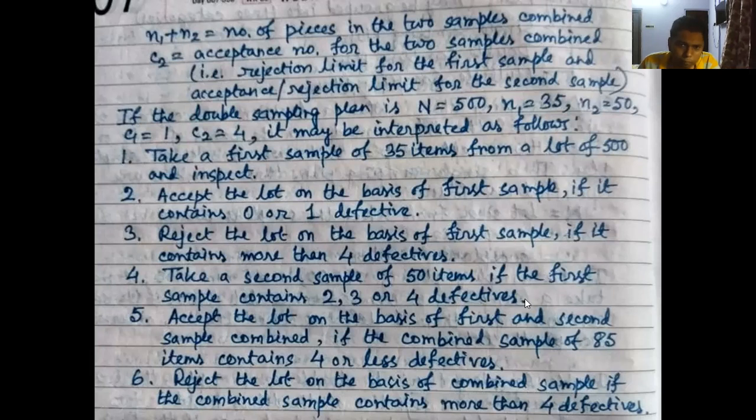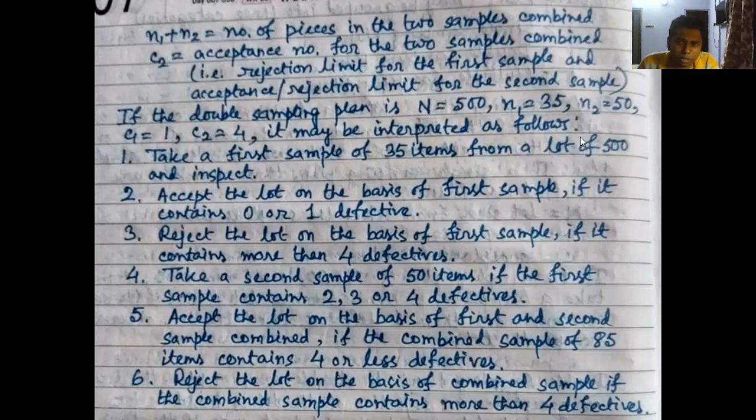and you will check how many defectives are there. Altogether 35 plus 50, so you will be checking a total of 85 items, and among the 85 items, if in total you get four or fewer defectives, then you will accept the lot, or otherwise you will reject the lot.